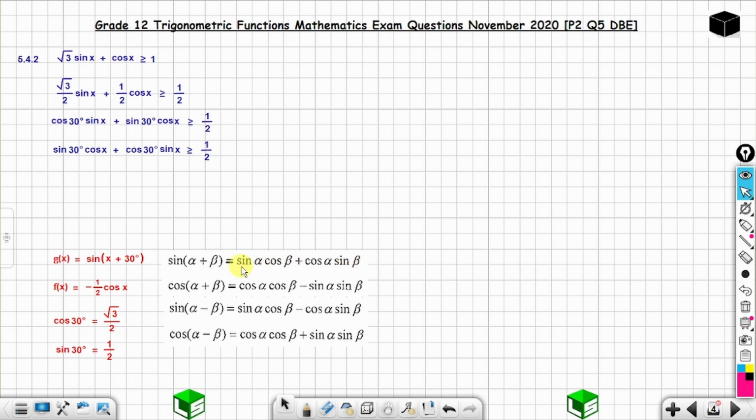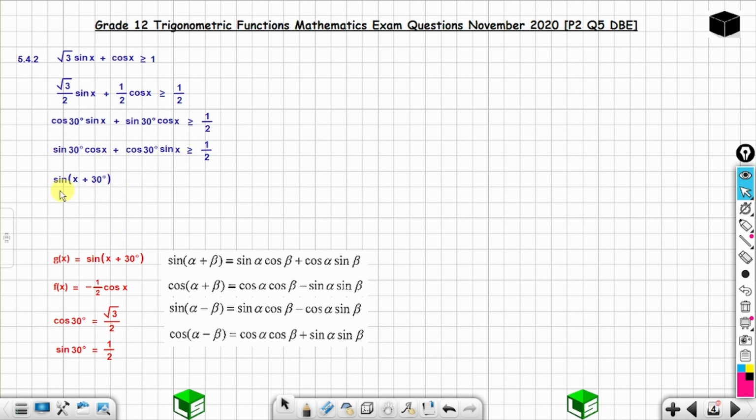Can you see? You have sin alpha plus cos alpha, sin 30 degrees plus cos 30 degrees, cos beta plus sin beta. Can you see? Cos x plus sin x can be changed to sin of 30 plus x. Can you see this?